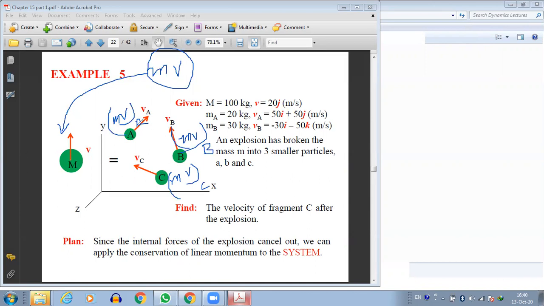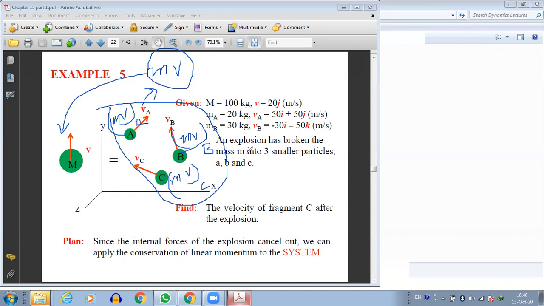When this exploded, it became these pieces. So if you add the momentum of all three, it should be equal to the momentum of the main object. You get the idea? Momentum is conserved. Whatever the initial total momentum, it should be the same as the final total momentum.